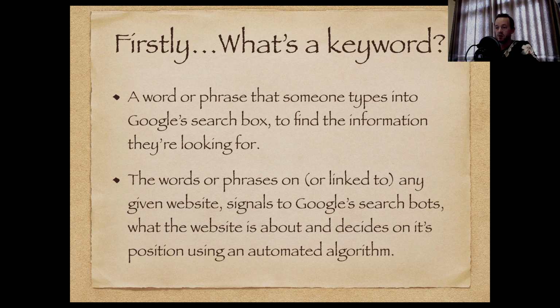Obviously Google, as big as they are, are not going to be able to hire millions and millions of people to decide where any given website should be in the search results, so they have an automated algorithm and search bots that basically go out and determine where a website should be positioned, because Google's objective is to put the most relevant and highest quality information on the front page of Google for their searchers to keep their company in business.